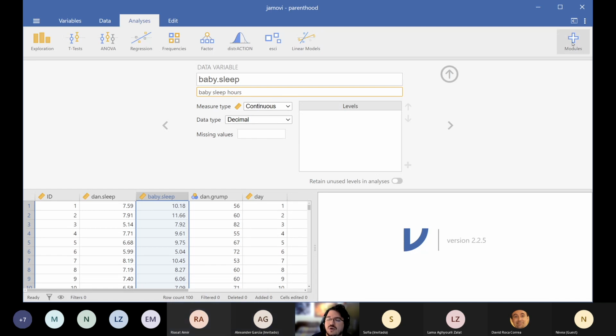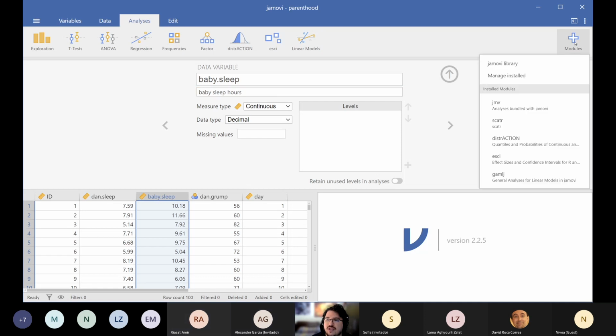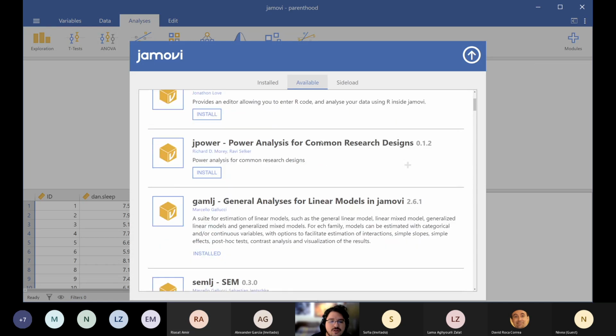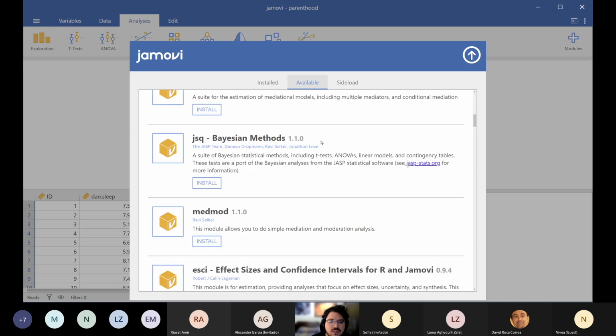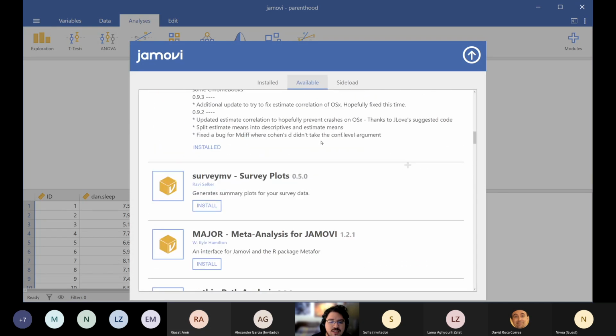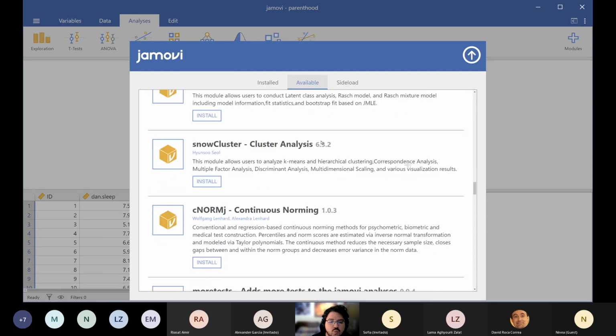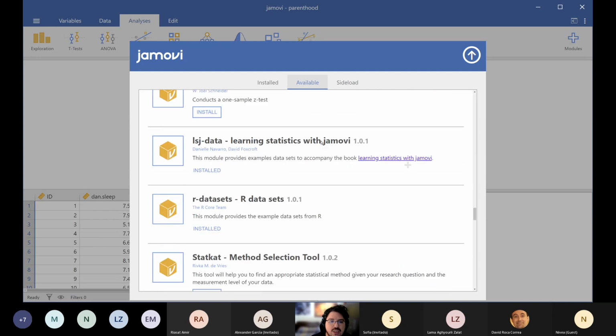All right. So if you don't have that, go to modules here on the top right, Jamovi library. And then you should scroll down until you can see LSJ data, learning statistics with Jamovi.